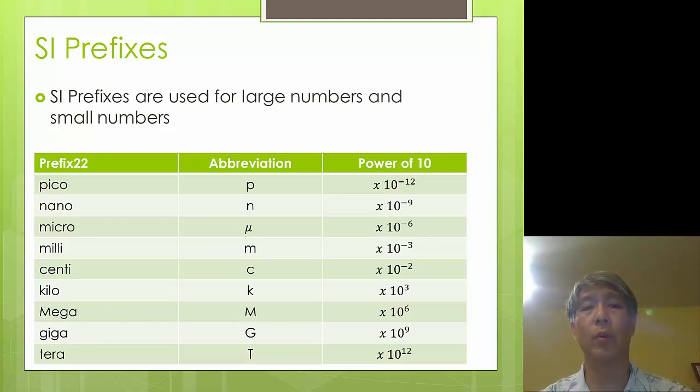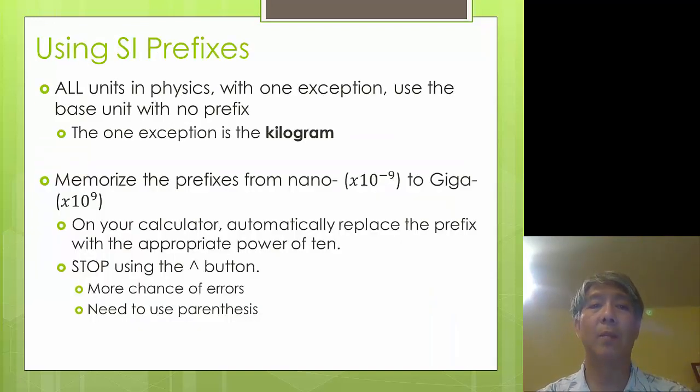The reason it's so important to memorize these is you should be able to mentally convert these prefixes into powers of 10, because that's the quickest way to automatically use that number in your calculator. Instead of saying nanometers, you would simply change the nano to times 10 to the minus 9.